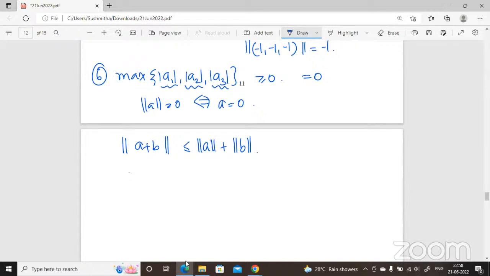It is the maximum of mod A1 plus B1, comma, mod A2 plus B2, comma, mod A3 plus B3.